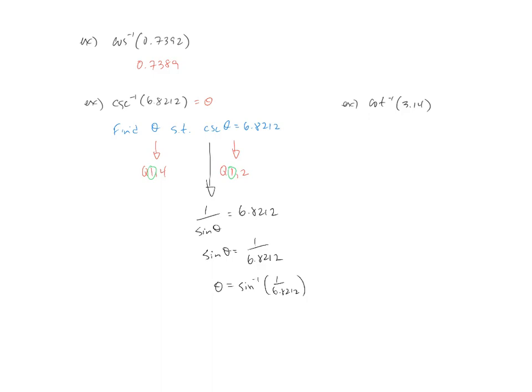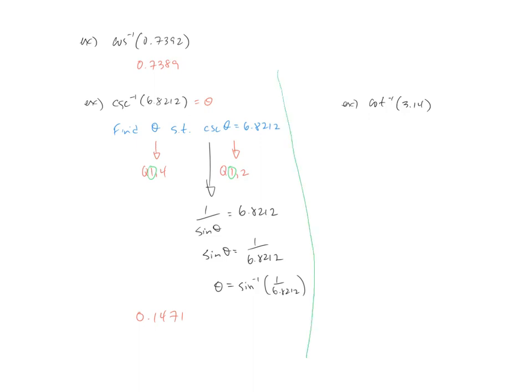So that's a way to get around not having that inverse cosecant button on your calculator. And once you punch this in, it looks like the answer should come up to be 0.1471.